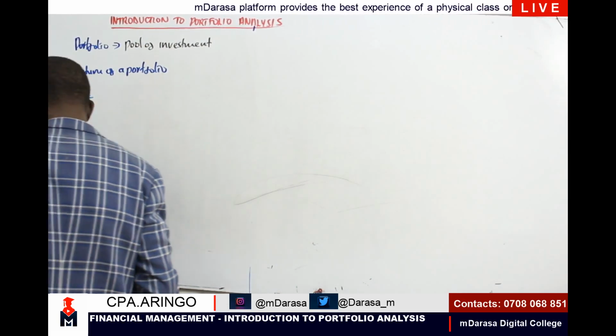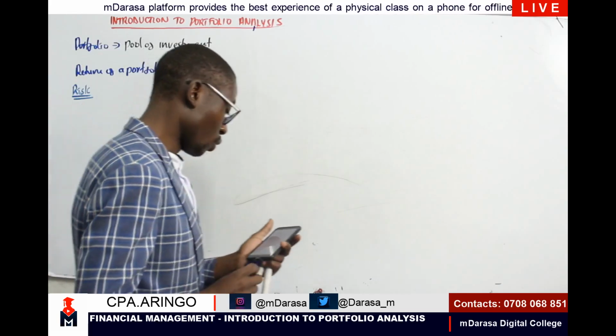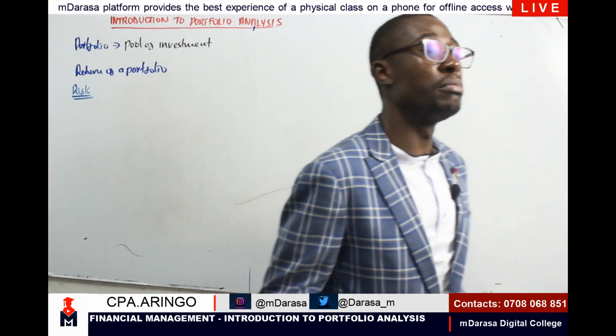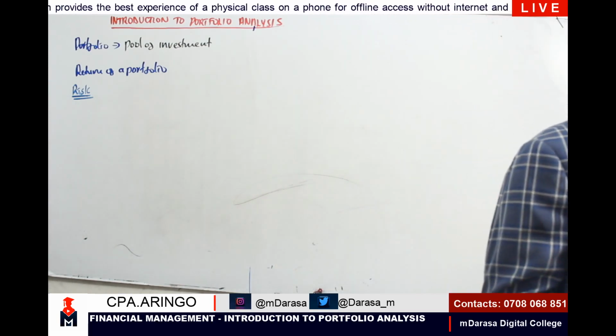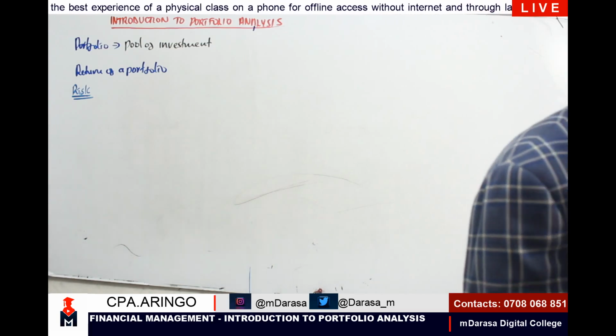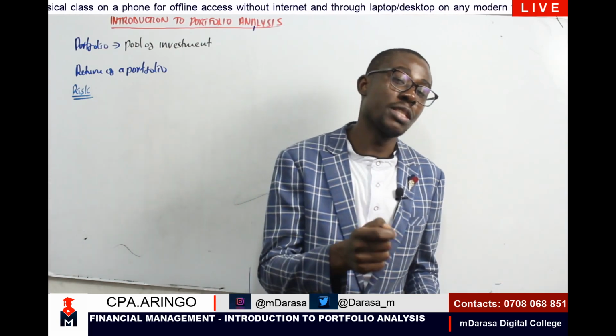Anytime, my good student, you are looking at risk, what should come at the back of your mind? Risk in general, we normally tend to look at it as a possibility of the actual returns being different from the expected returns. The possibility that whatever I was expecting to earn will not be the case, because I'll be having certain components of differences which are beyond our control.